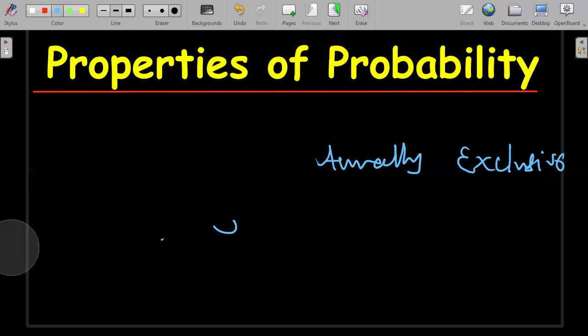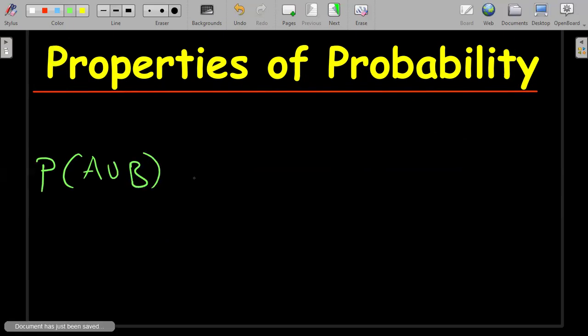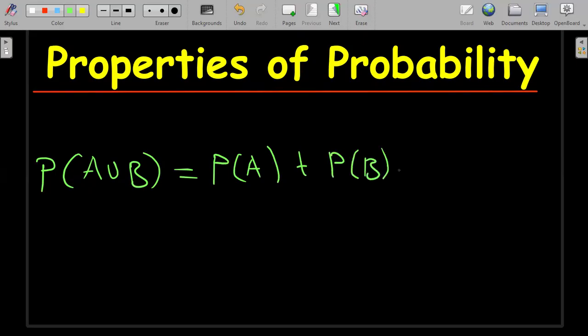If you're finding the probability of the union of two events, for example the probability of the event A union B, what you should get is the probability of A plus the probability of B, minus the probability of their intersection. This is one of the properties for the union of the events A and B.